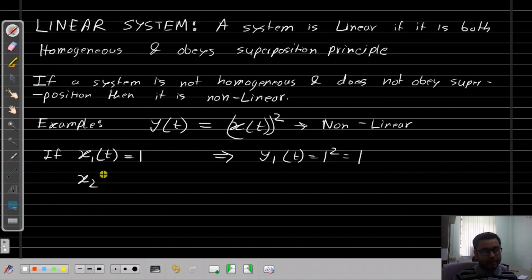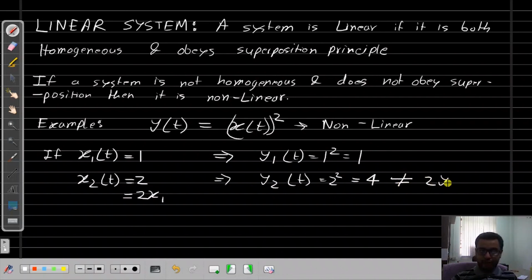But then if you apply another input which is 2, then the output y2 will be 2 squared, equal to 4. Here this is actually 2 times x1, but this is not the same as 2 times y1. So this is not homogeneous.